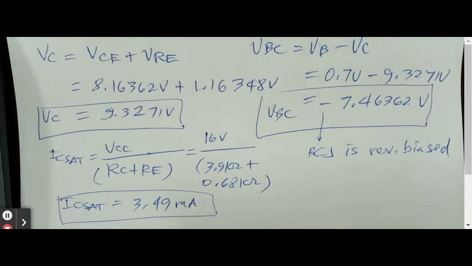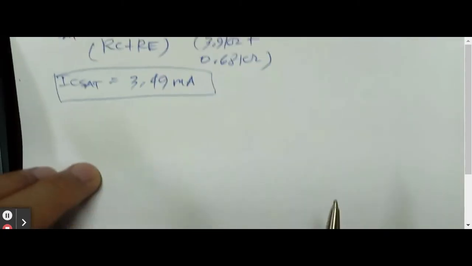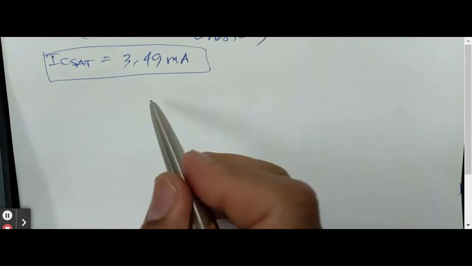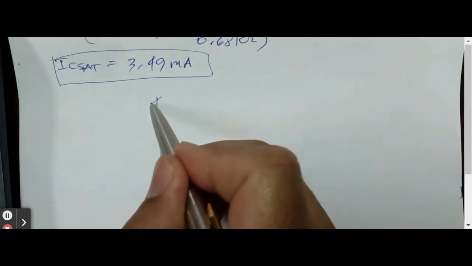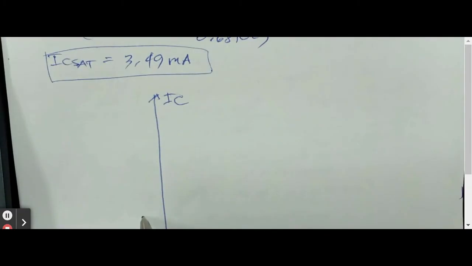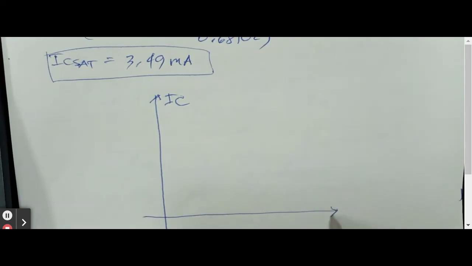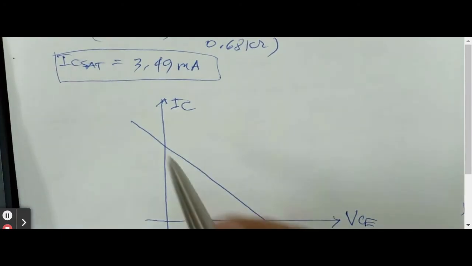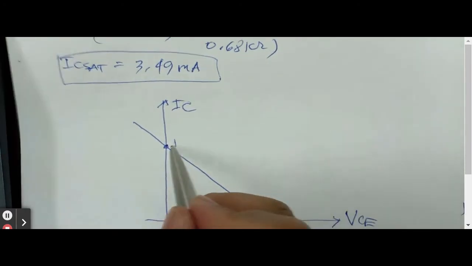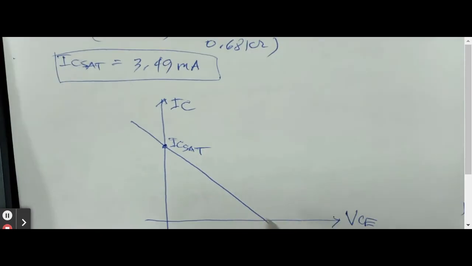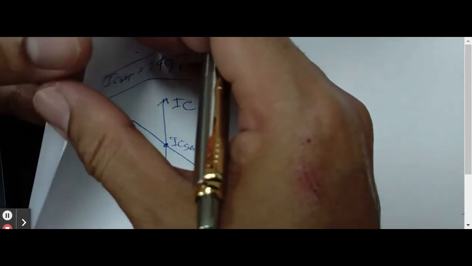Then after that, again like in the previous video, we draw a y-axis here. Just put IC, and then x-axis here, and just put here the VCE, and then put the DC load line. This must be the IC saturation. This will be the VCC. And we got our answer from the previous page for IC saturation.